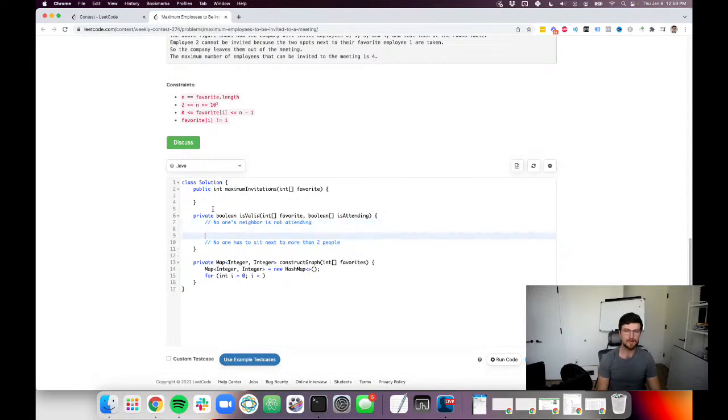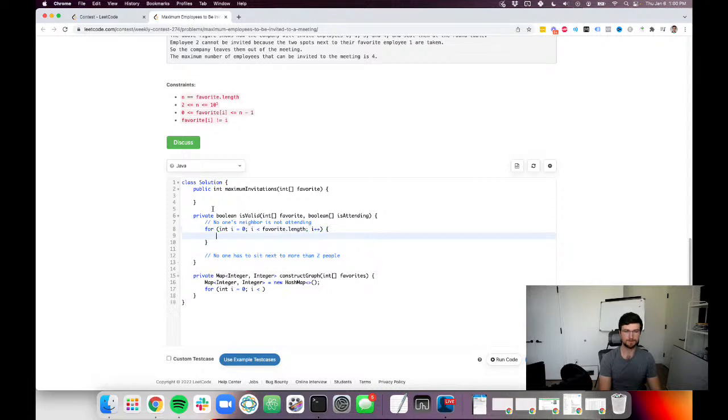And so, honestly, I'm not gonna worry for the moment about how efficient this is. I'm just gonna try and implement something. So to make sure that no one's neighbor is not attending, we'll say for int i equals 0, i is less than n, i plus plus. And basically we'll say, or I guess we need to see is this person attending.